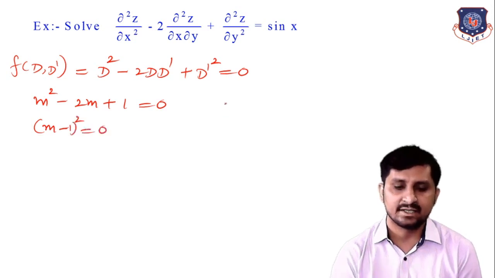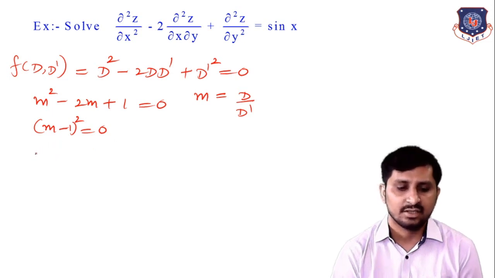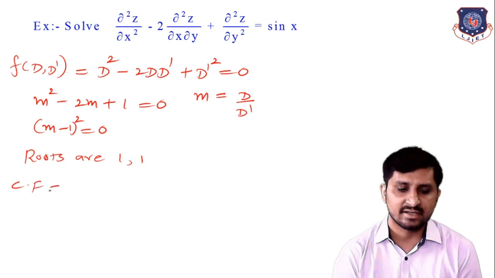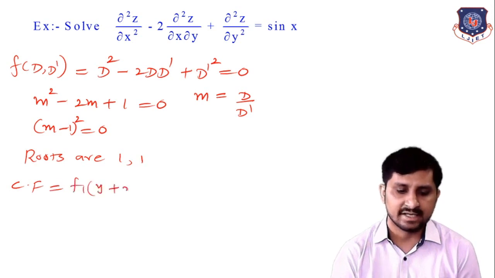Don't forget to write what m is: m is nothing but d by d dash. Basically you are dividing this equation by d dash square because this is a homogeneous function, so you can do it. So the roots are 1, 1, repeated roots. So the complementary function is f1 of y plus x plus x f2 of y plus x.